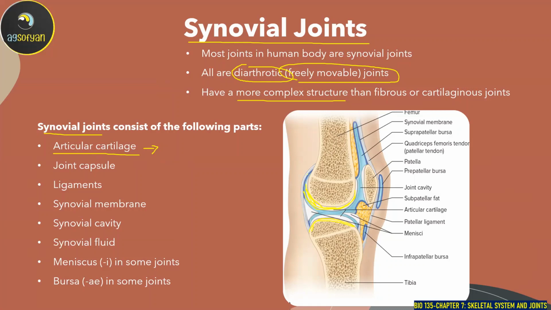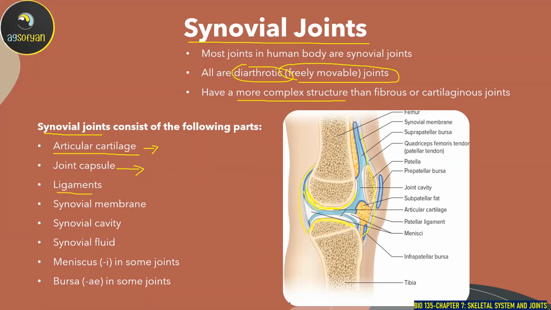Then the second part is the capsule that covers the joint area. This is what we call the joint capsule or articular capsule. The next one is ligaments.